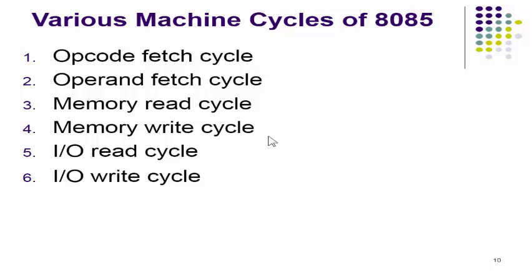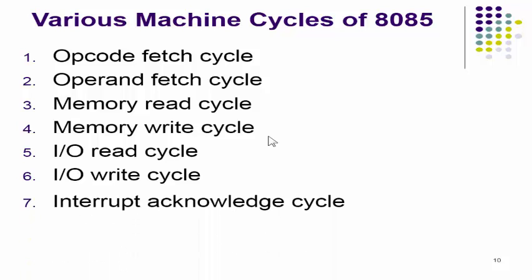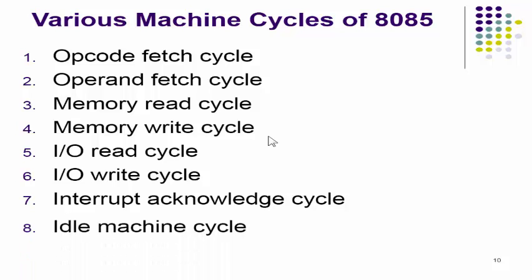And opposite to this is IO write: if the processor wants to send data to an output peripheral, for example an LED display, 7 segment display, LCD display or relay, then it will use the IO write machine cycle.